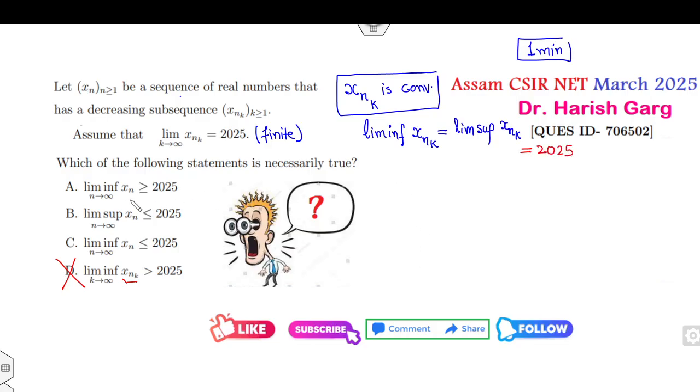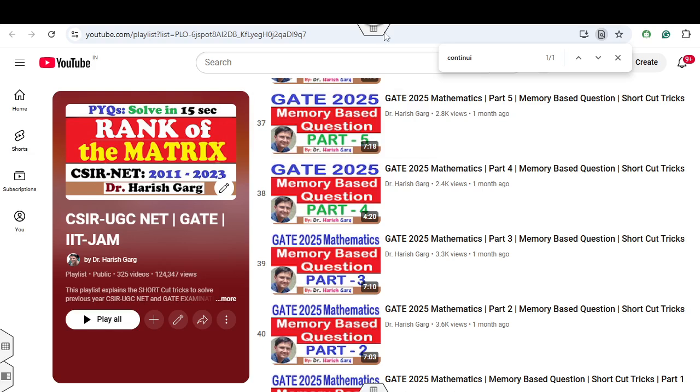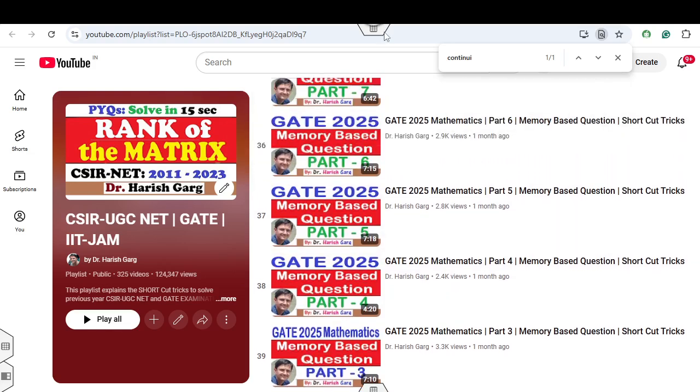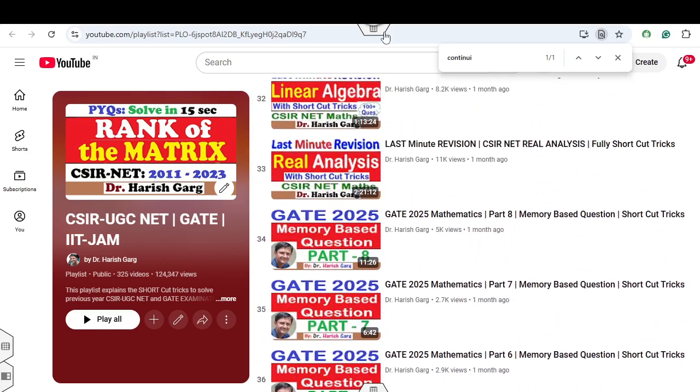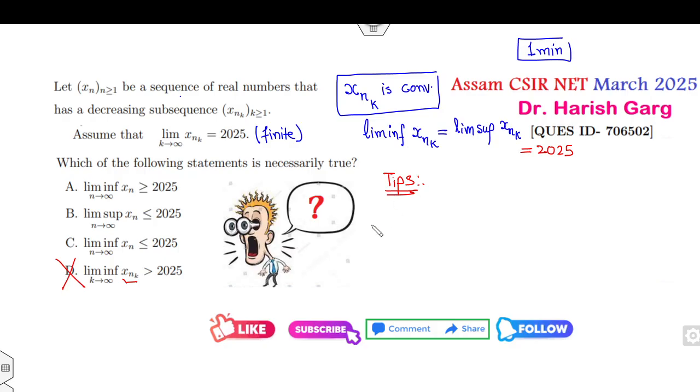Now your target is to find the relation between the subsequence and the sequence. The same shortcut trick as I have given you in my last minute revision of real analysis. What is the shortcut trick? The limit infimum of the sequence is always less than or equal to the limit infimum of the subsequence.